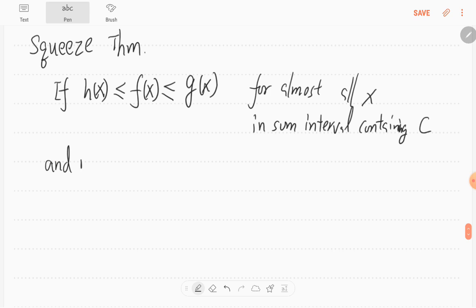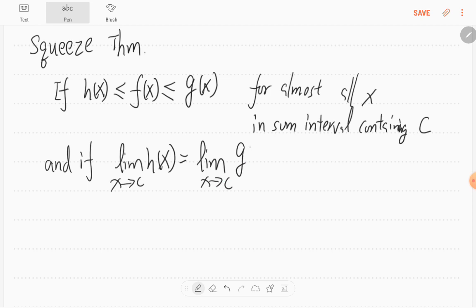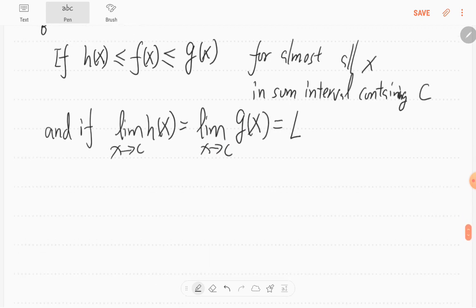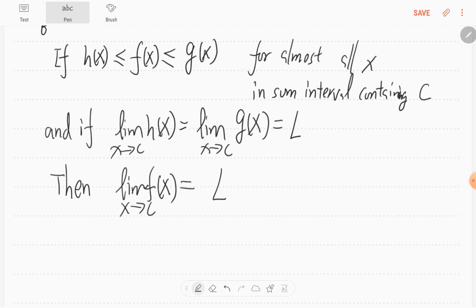And if the limit as x approaches c of h of x equals the limit as x approaches c of g of x, which is equal to L, then the limit as x approaches c of f of x is also equal to L. So this is called the squeeze theorem.